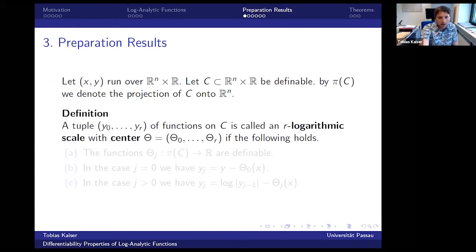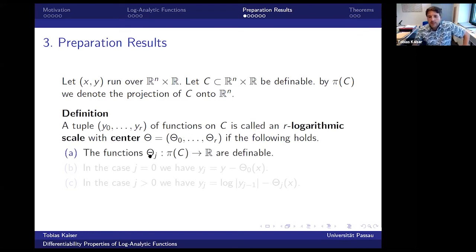A tuple y_0, ..., y_r of functions on C is called an R-logarithmic scale with center theta, the tuple of functions theta_0 up to theta_r, if the following holds.